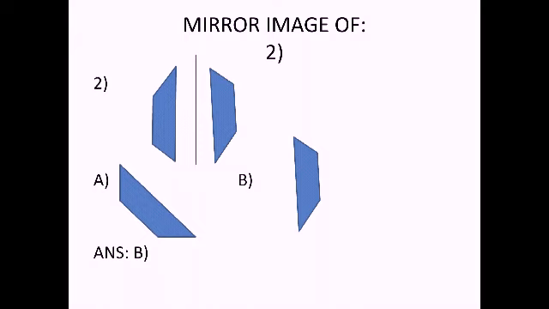So in the reflection, first the longer side will come and then the shorter side. Clear? First the longer side will come in the image and then after that the shorter side. So it is very obvious the mirror image of the object will be option B. Clear?